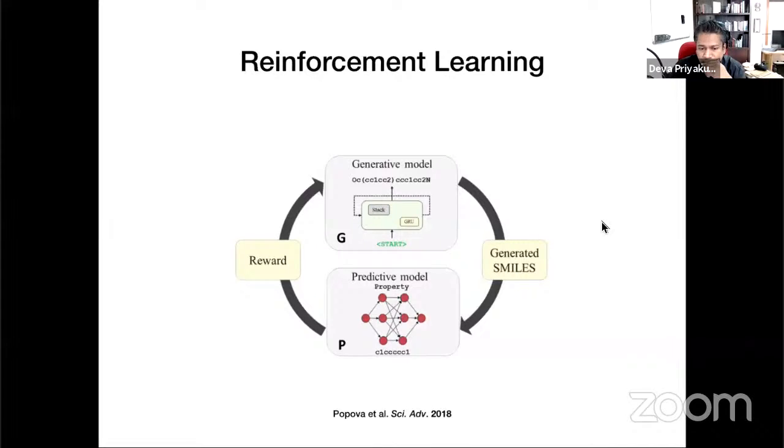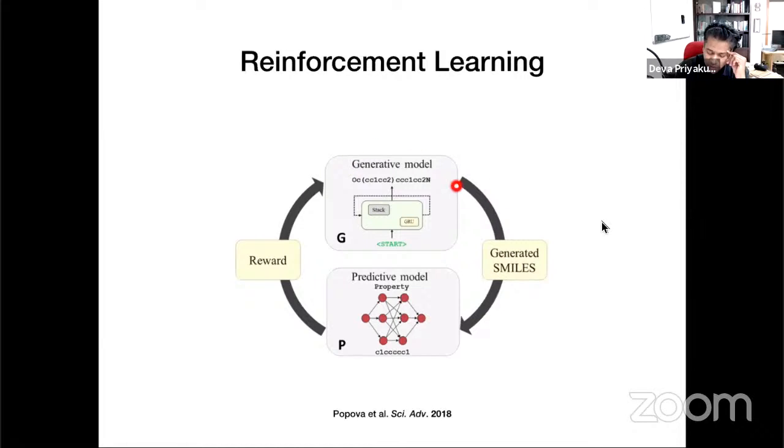They said, instead of taking a molecule and predicting the property, you ask an algorithm saying, I want a molecule with a certain property, and the algorithm will generate molecules for you, right? So that's the generative model, a model that can suggest new structures.